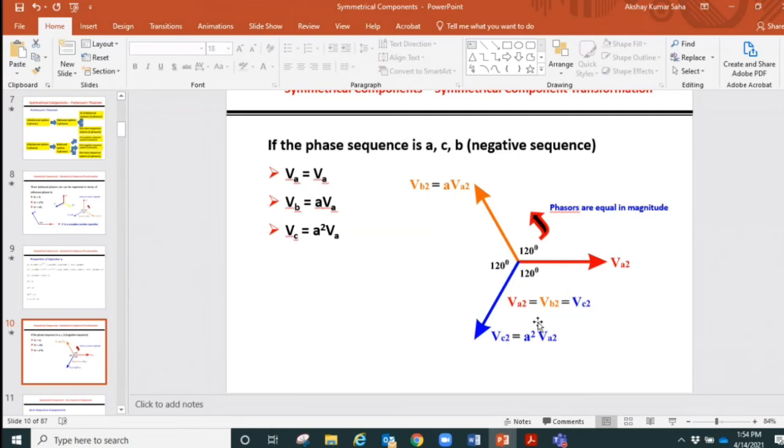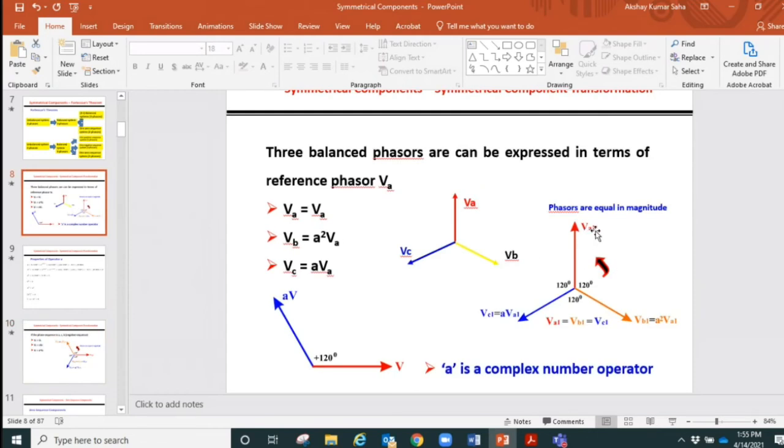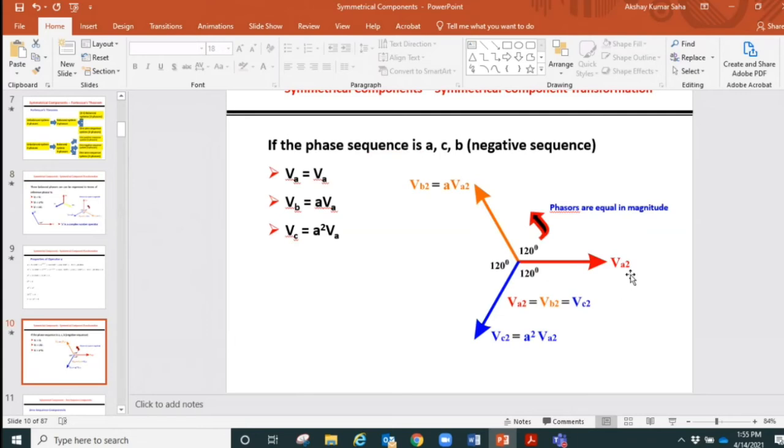Again, we will express VB2 and VC2 in terms of the reference, and the reference here is VA2, not VA1, because it's negative sequence. So we must remember that we link it to the respective sequence. When we have the positive sequence phasor diagram, the reference is VA1. When we're talking about the negative sequence, the reference is VA2.